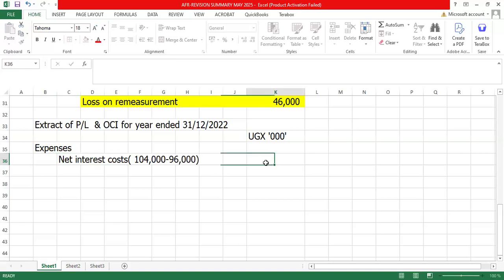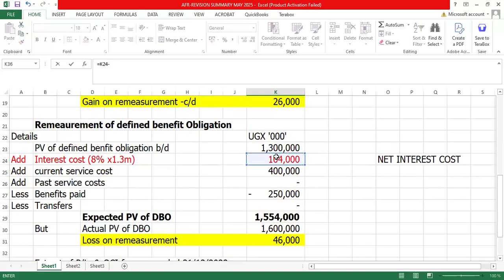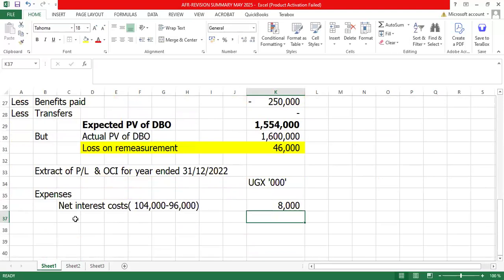What do you get? That is 400? 400. Wait, no. This one minus, okay, we get 8,000.